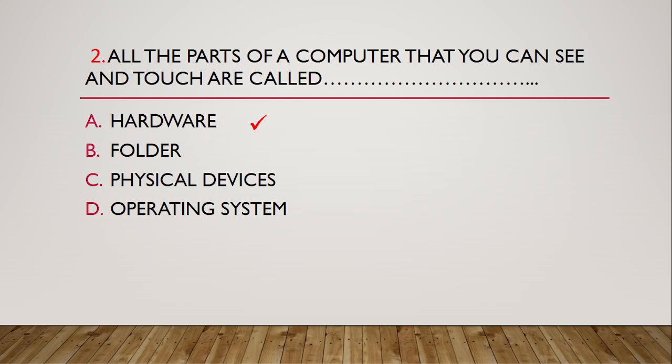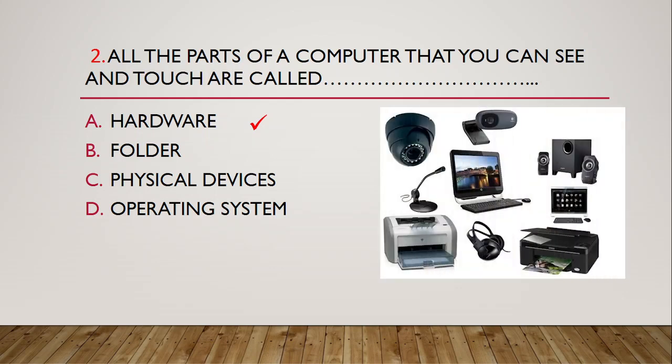Any part of the computer system that we are able to see and touch is known as hardware. Quick examples that I can give you are microphones, printers, speakers, and mouse.